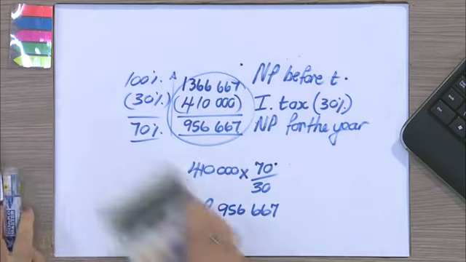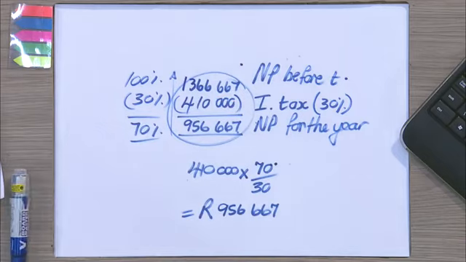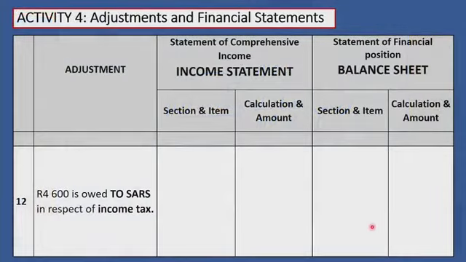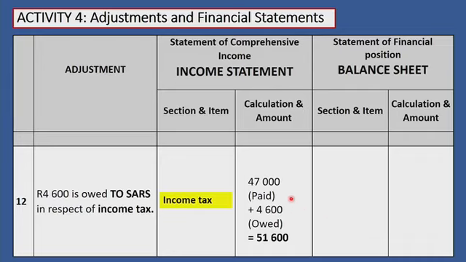Okay, back to our slide and our adjustment. If income tax is in my income statement, which it is, and the trial balance on my info, my pre-adjustment, gives me 47,000. You must please remember, and you can refer back to my previous video number 1, that on the debit side I would have the amount paid.